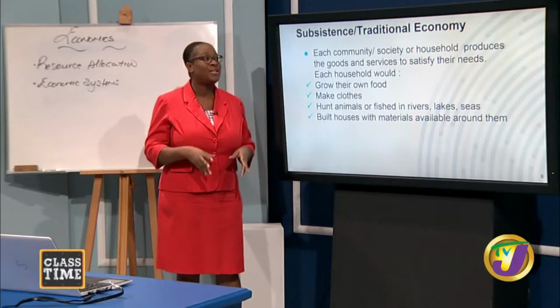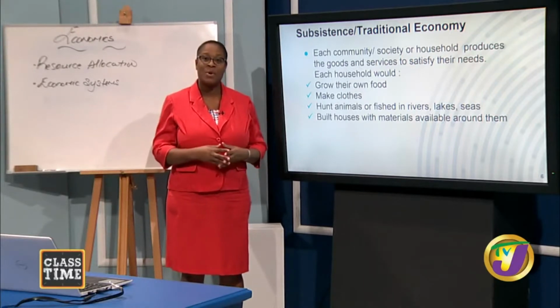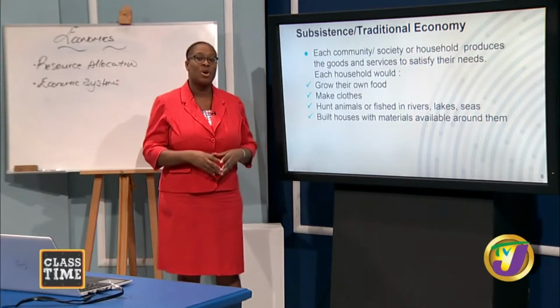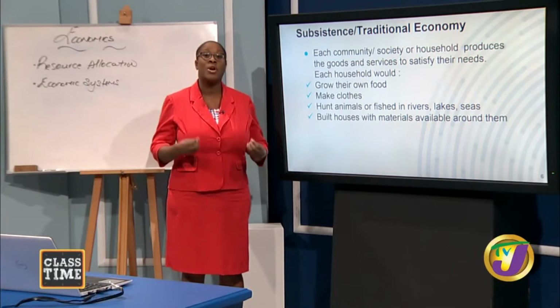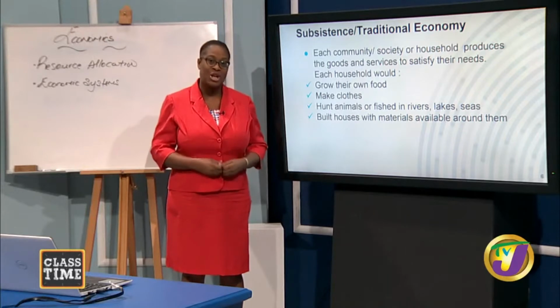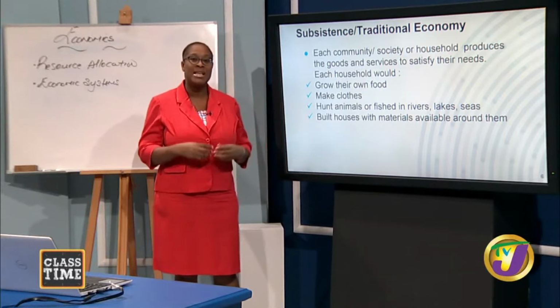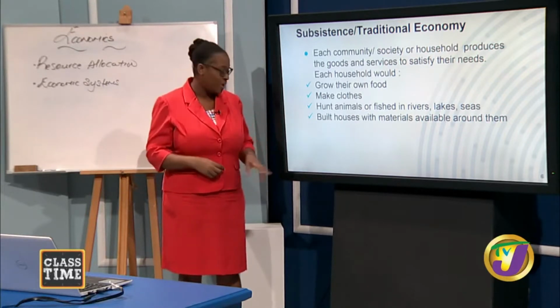So the subsistent or the traditional economic system was what we call a self-sufficient kind of economic system where persons did what they needed to provide for their needs and wants and for their families.